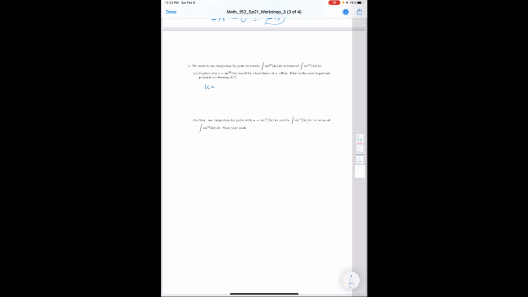Let's suppose that I choose u equal sine to the 16th of 3x. Then I have to choose dv equal to sine squared of 3x dx, because that's the only way I can make their product come out to sine to the 18th of 3x. The problem with this is we don't really know yet how to integrate that.